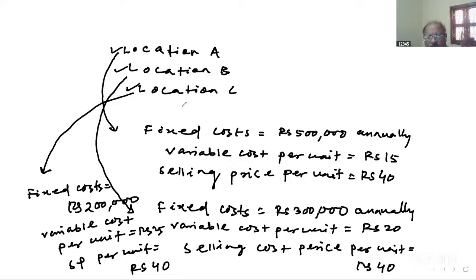Here for location A, the fixed cost is 5 lakh, the variable cost per unit is rupees 15, and the selling price per unit is rupees 40.